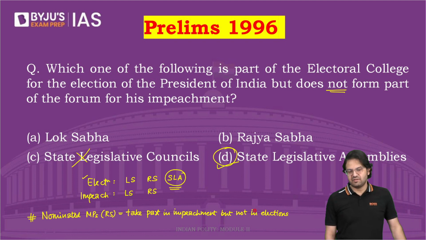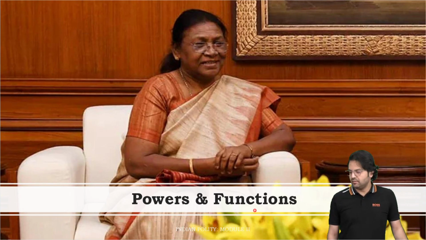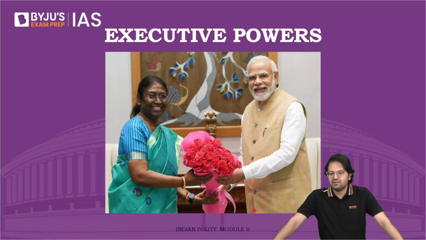Now coming to powers and functions. And a very, very important point is what I'm going to discuss right now is to address those concerns. What concerns? The concerns on why we are constantly making the statement that the president is just a nominal head, is a rubber stamp, does not have real powers.